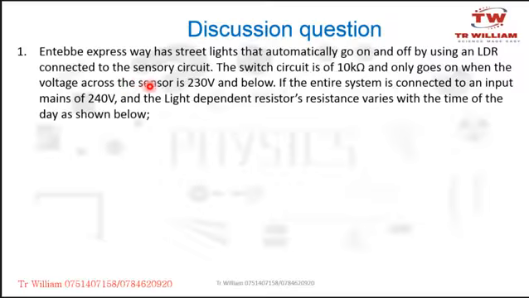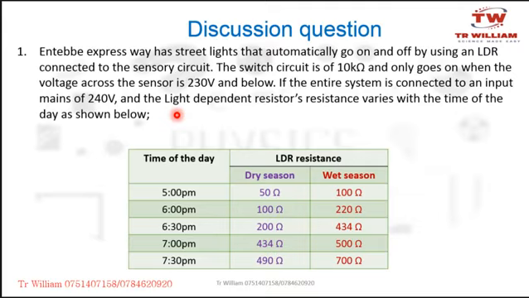If the entire system is connected to an input mains of 240 volts and the light dependent resistor's resistance varies with the time of the day as shown below.